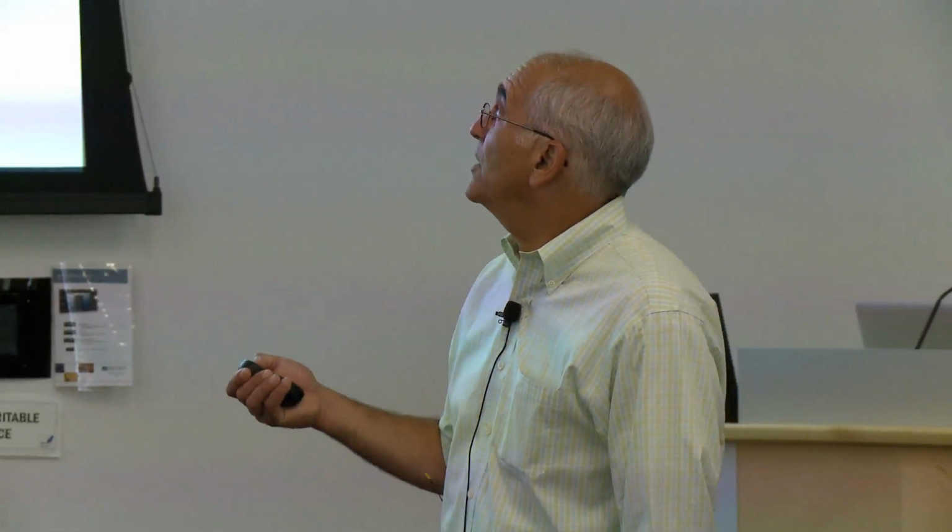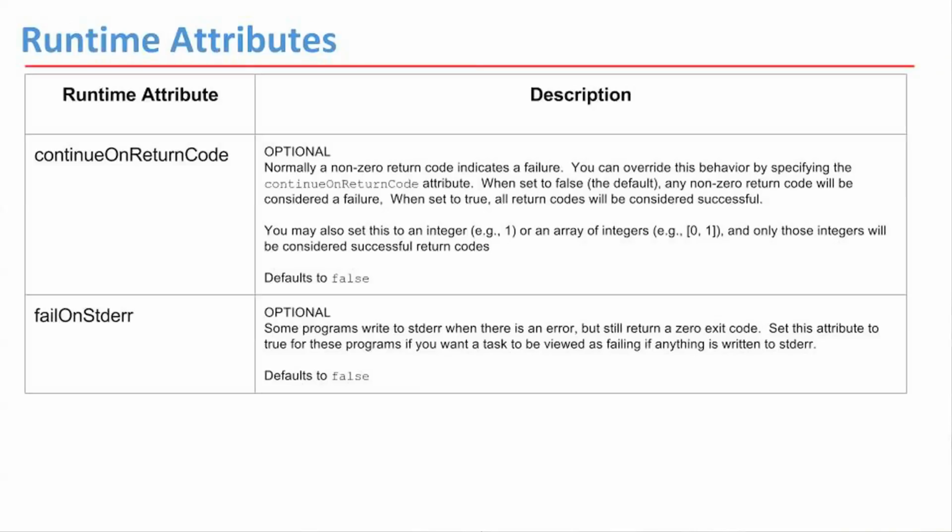So if you continue on return code and you don't fail on standard error, then you never fail? Or is there any other way to fail? That's a good question. I don't know. The question is, if you set this up to continue on a non-zero return code, and fail on standard error is equal to false, is there any way for it not to always be successful?